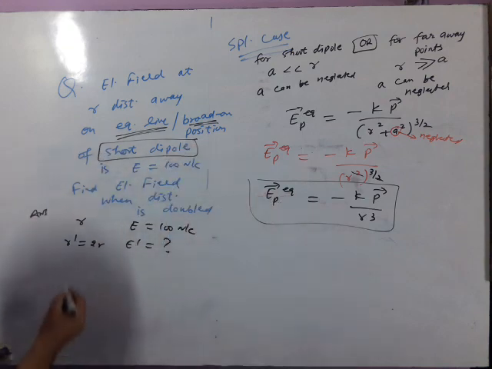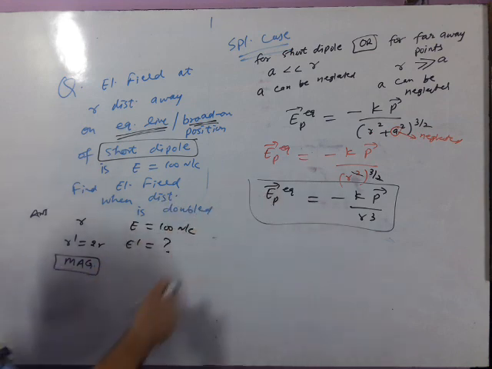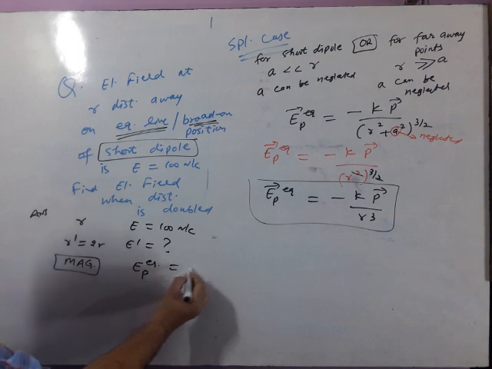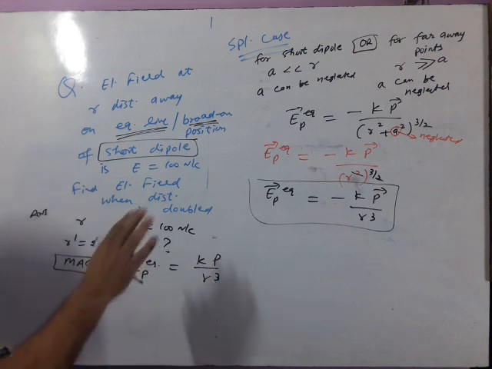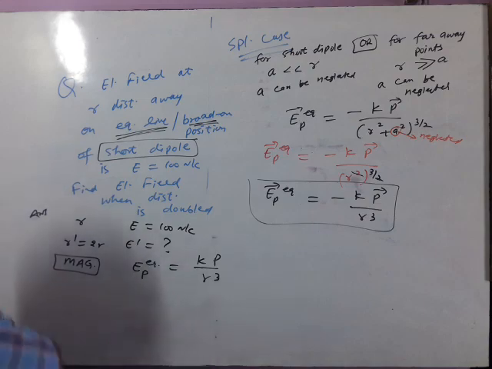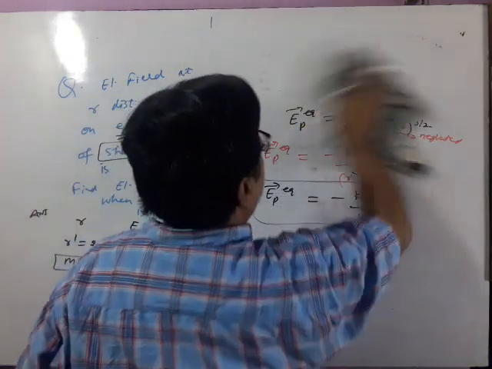Then you need to apply this formula. We are applying this formula for the numerical in magnitude. Take mod on both sides. So we may write it like this: electric field on the equatorial point is kp by r cube. See, the minus sign will be absorbed. Now write it twice.